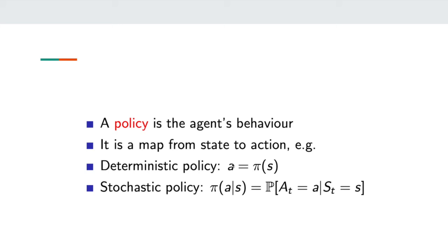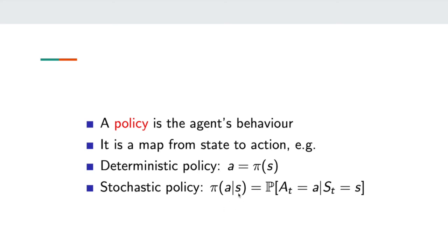It's always the same. Whereas in stochastic policies, we define a probability distribution where, for some state, we assign various probabilities to each of the actions in our action space. And then when we're actually acting in our environment, we'll just randomly sample from all of these probabilities.